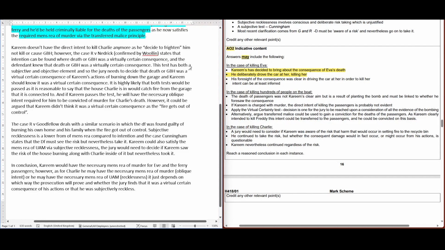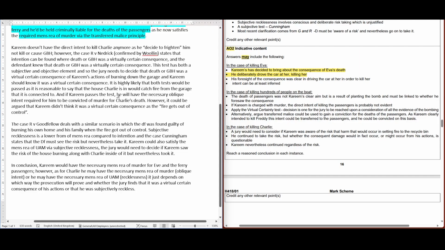This test has both a subjective and objective element, and so the jury needs to decide that death or GBH was a virtual certain consequence of Kareem's actions of burning down the garage, and Kareem should know it was a virtual certain consequence. It is highly likely that both tests would be passed, as it is reasonable to say that the house Charlie is in would catch fire from the garage that it's connected to.